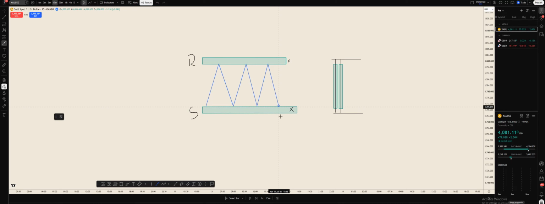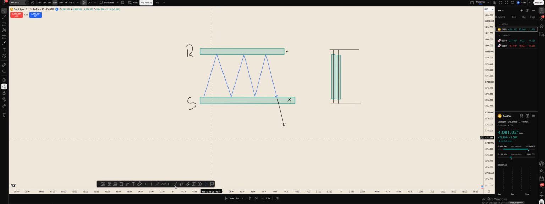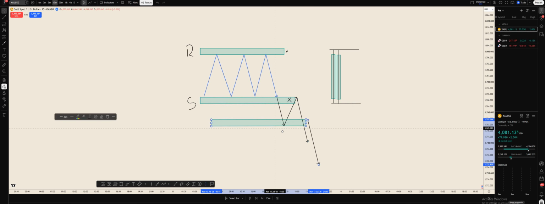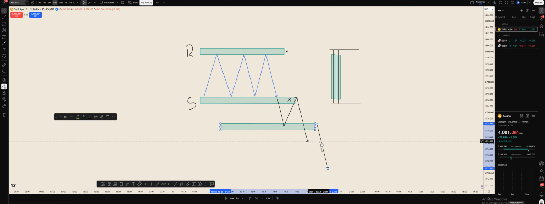If the market pushes below the support, it has broken the support. In that case, it's going to create a new resistance, and if it's continuing the downtrend, it will break the support again, which was created here. So this was the support. Let me pull this back.